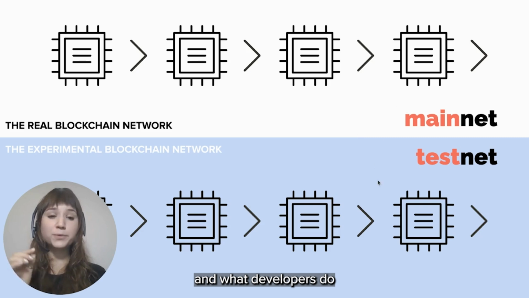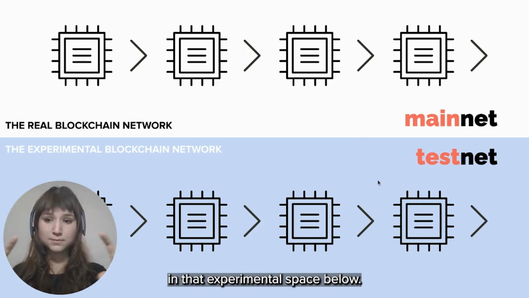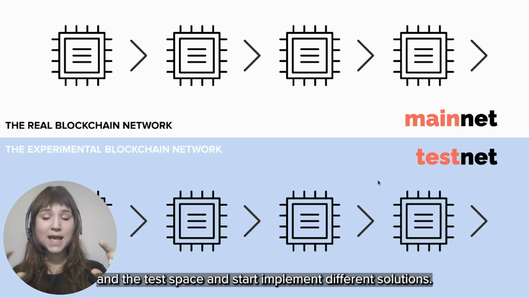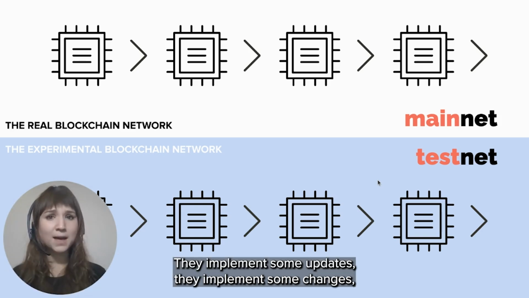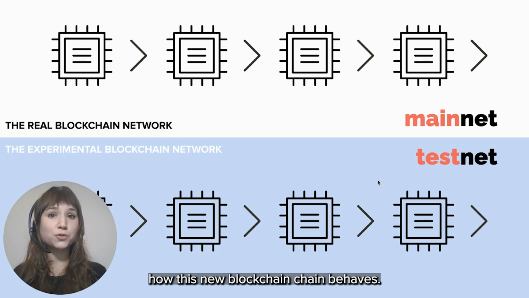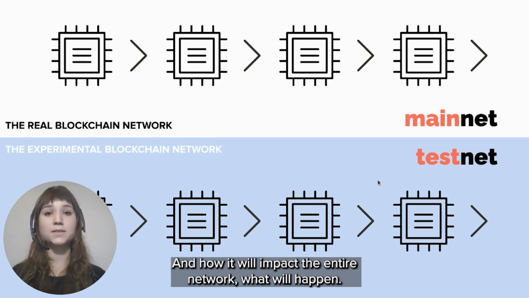And what developers do in that experimental space is, for example, take Bitcoin, create a one-to-one copy in the test space, and start implementing different solutions. They implement some updates, some changes, and then they test it so that they can see how this new blockchain behaves and how it will impact the entire network.